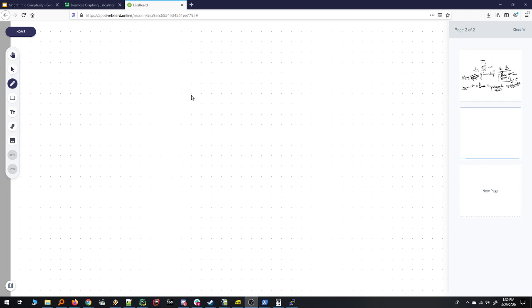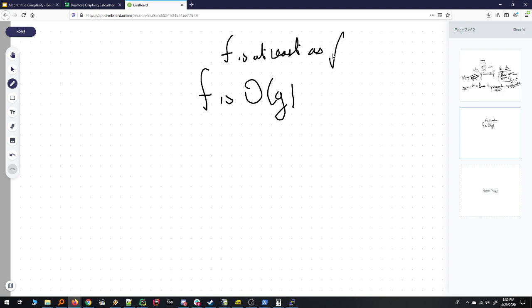Yeah. So another way to say it is basically like if f is big O of g, then what that means is that f is at least as fast as g. And then the other thing to say is that if f is big O of g, then g is big omega of f.